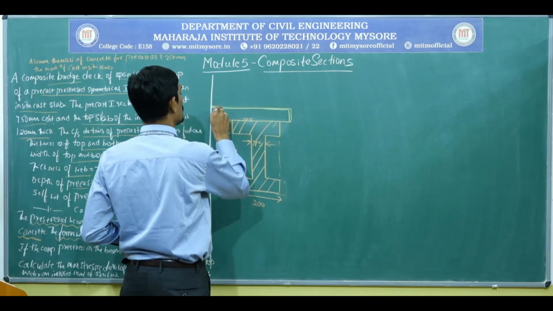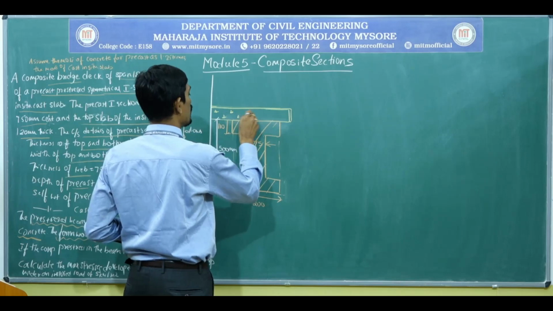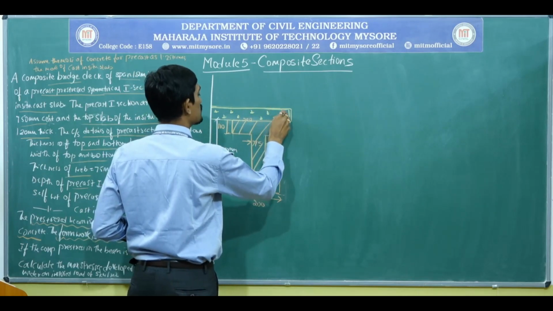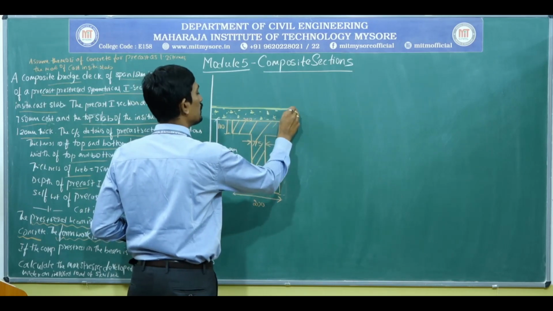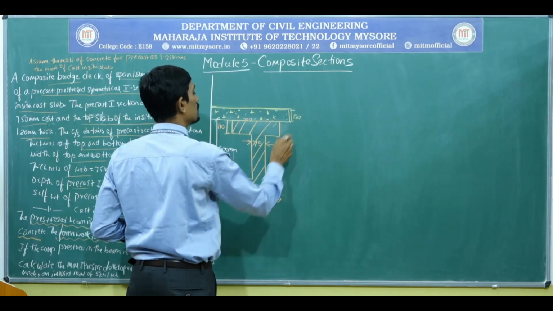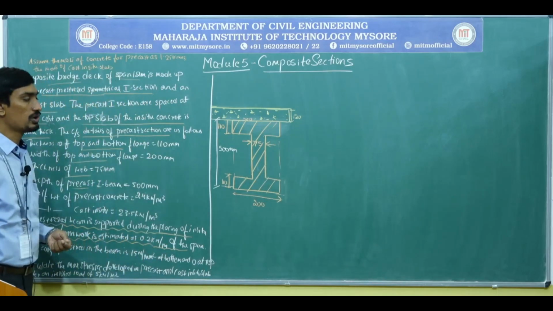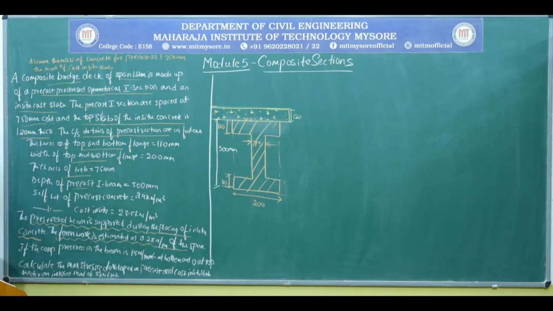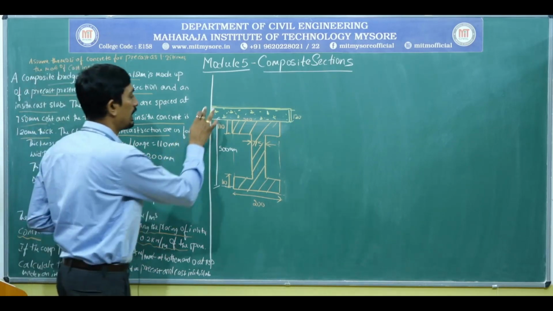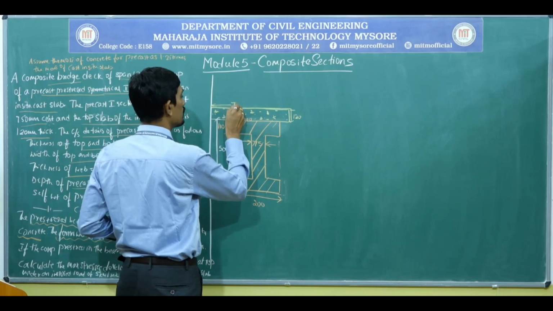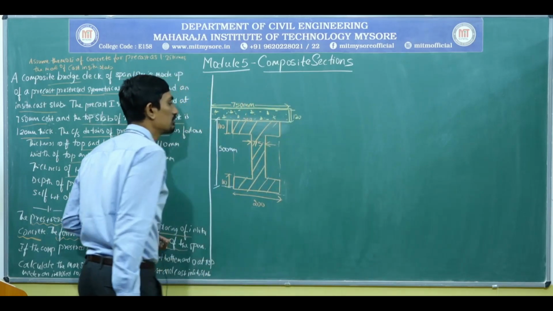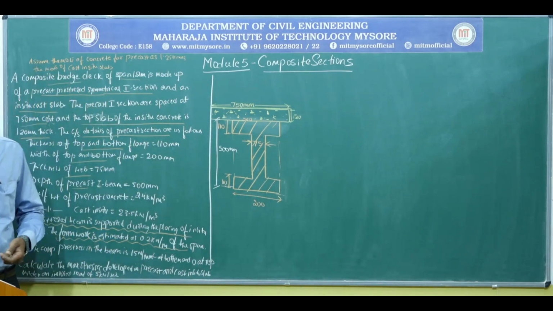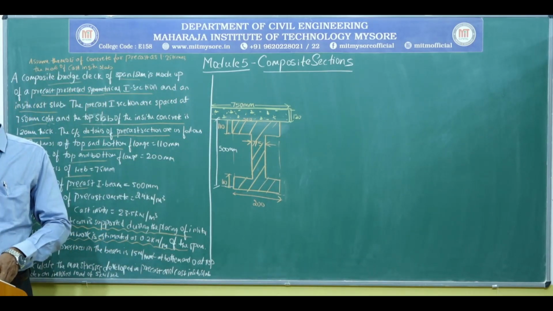And as clearly mentioned, the beams are at 750 mm centers, so this dimension is 750 millimeter.